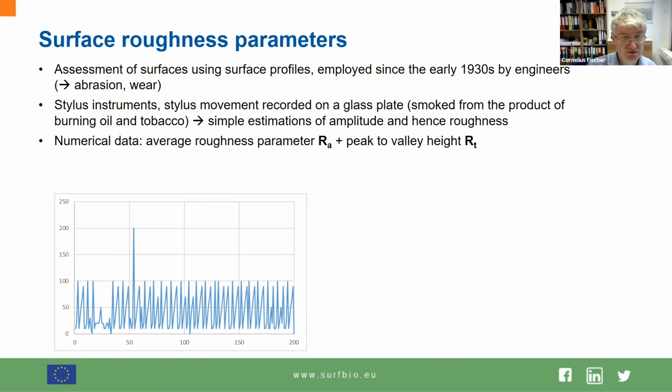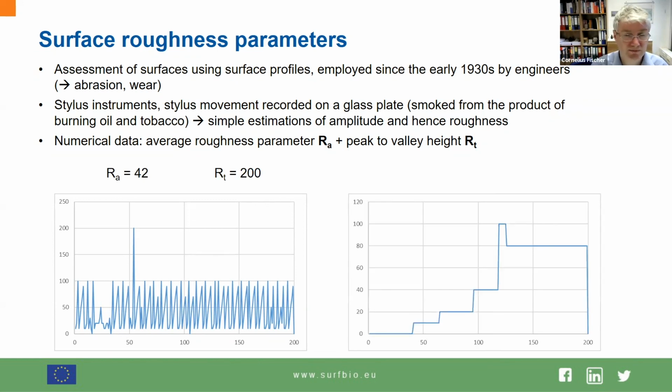It doesn't really matter if it's kilometers or nanometers. So if we calculate things, we come up with an RA of 42. If that would be microns, it would be 42 microns, and a roughness depth of about 200.